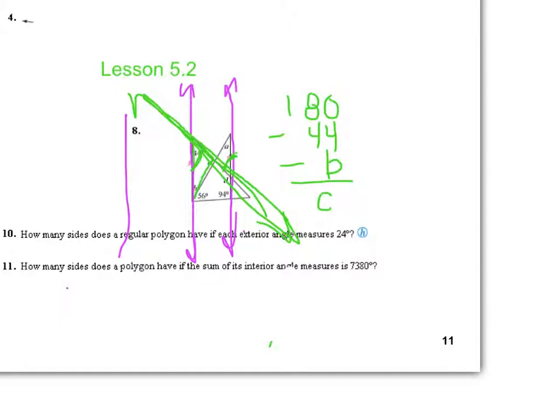Well, this angle and D, since this is 44, are a linear pair. So if I take 180 minus 44, that should give me the measure of angle D.